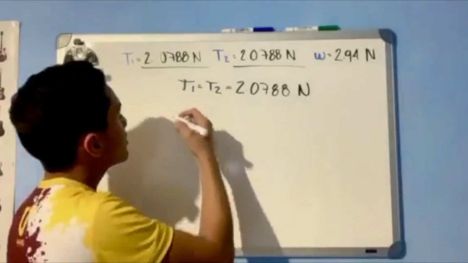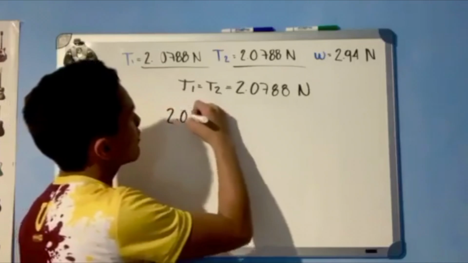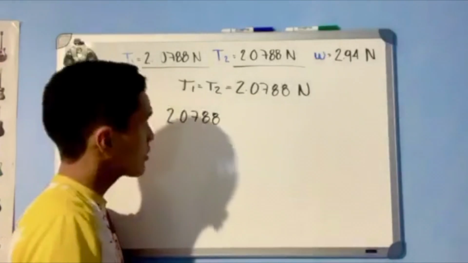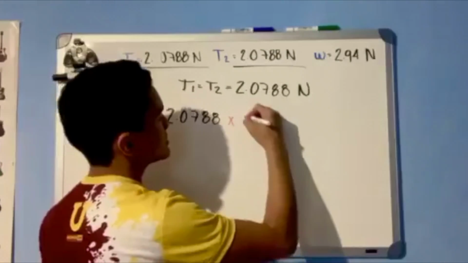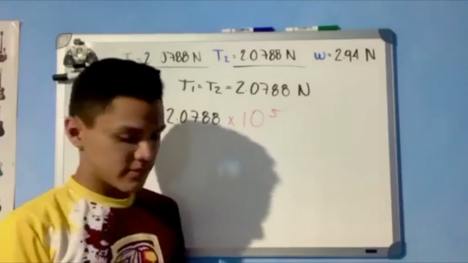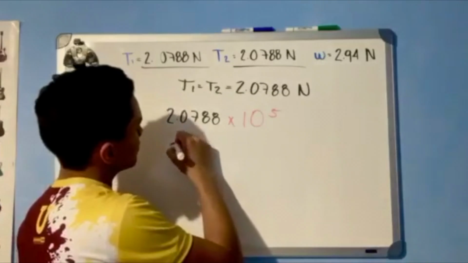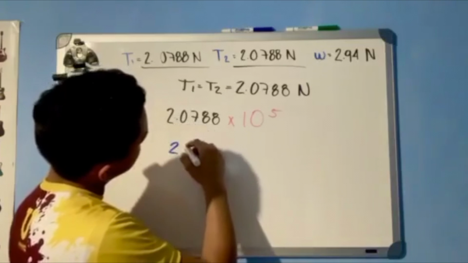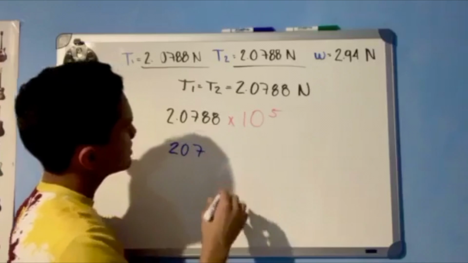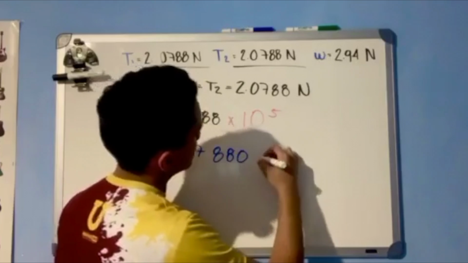Now I will multiply the 2.0788 by 10 to the 5 because we want to know the dynes, and this will be equal to 207,880 dynes.